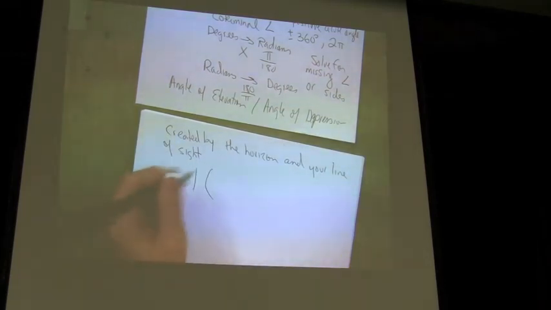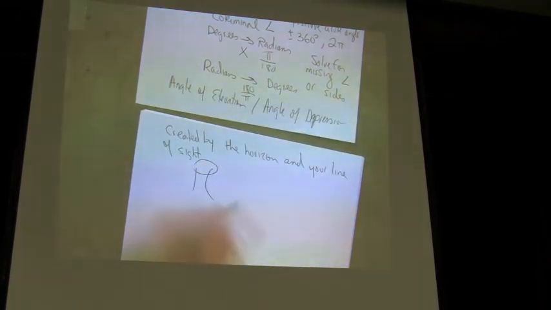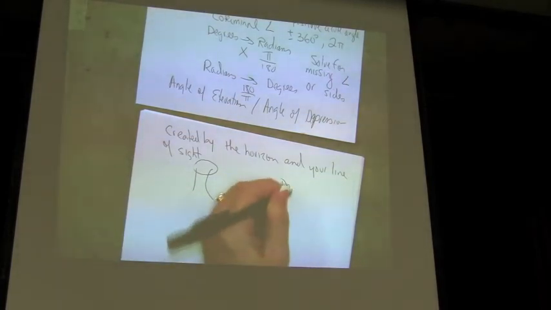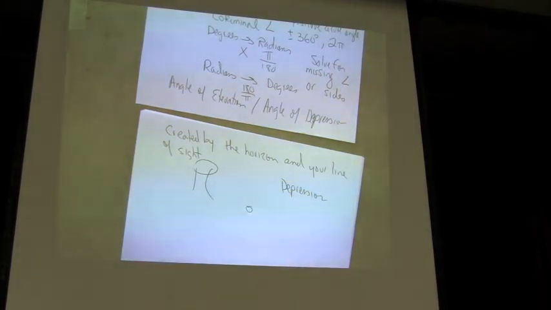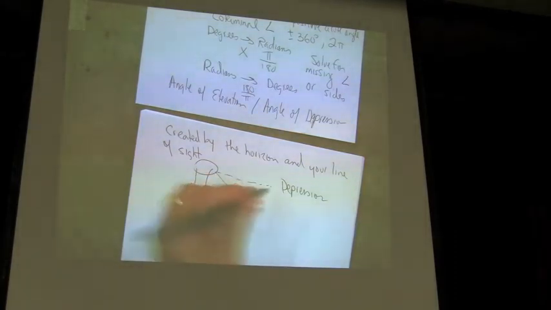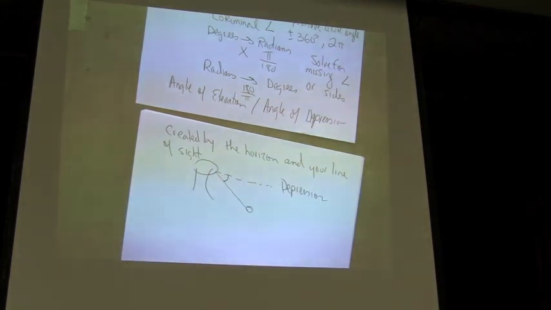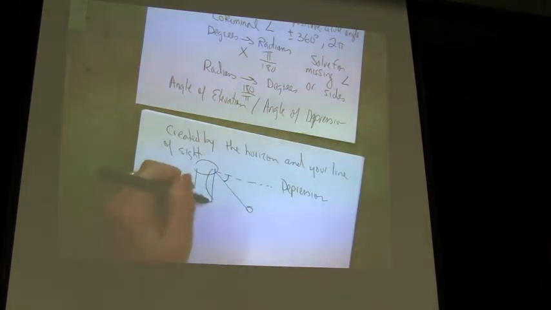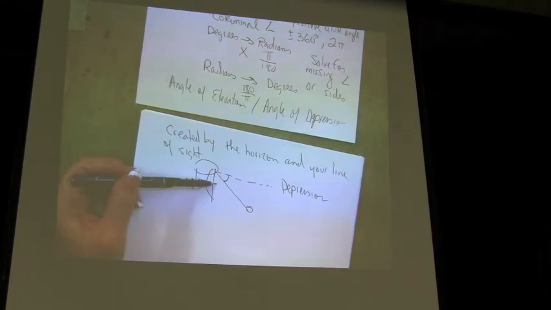So if you are up here in a tree looking down at a squirrel and they talk about an angle of depression because you're looking down at the squirrel, okay, that's your line of sight. But where's the horizon? Up here. That's the angle. It is never this angle right here. That's the mistake some of you've made in the past.